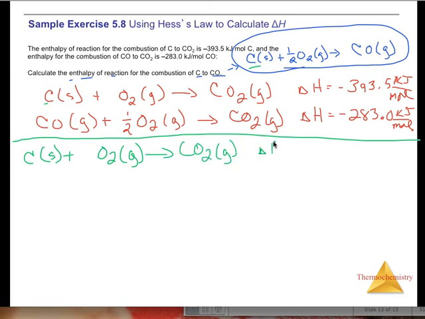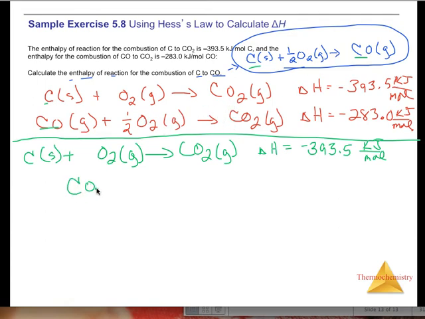So my delta H stays as written for that first equation. Now the second equation, I've got oxygen a couple places, so that doesn't help me. But my product is carbon monoxide and it only shows up one place in the second equation, as a reactant. I want it as a product, so I am going to have to reverse this reaction.